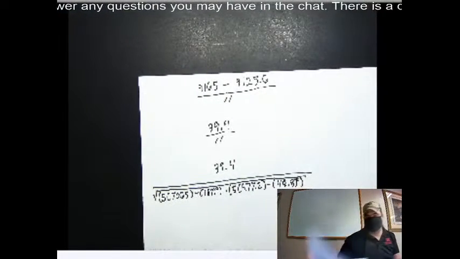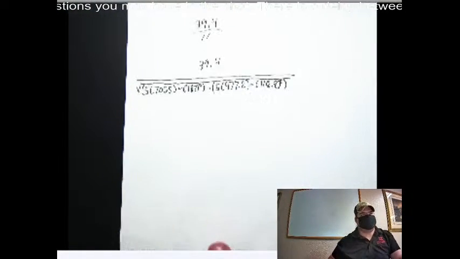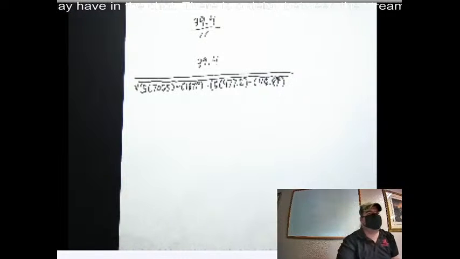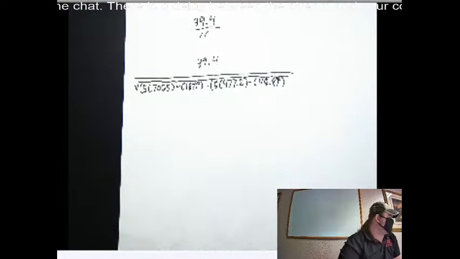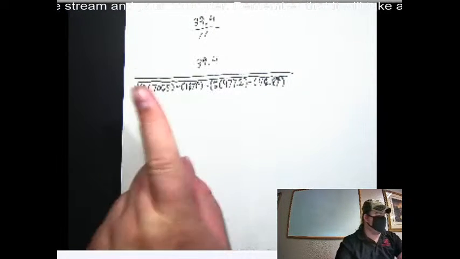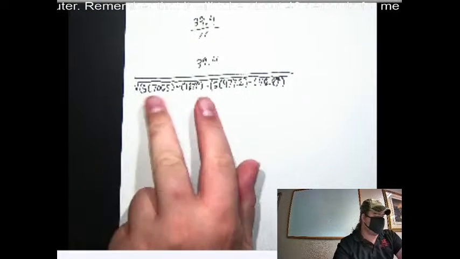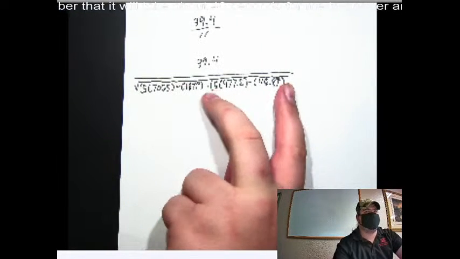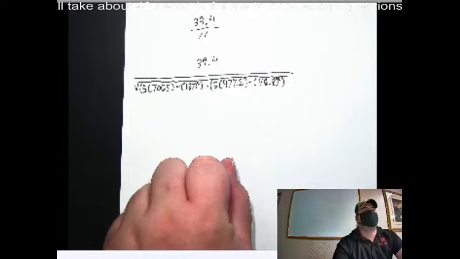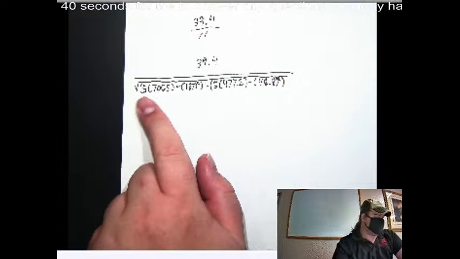Okay, so this one's significantly more complicated than the top part. And again, we want to follow our order of operations. So order of operations says do what's in parentheses first. So we have a set of parentheses here and we have a set of parentheses here. We go to our innermost set of parentheses.